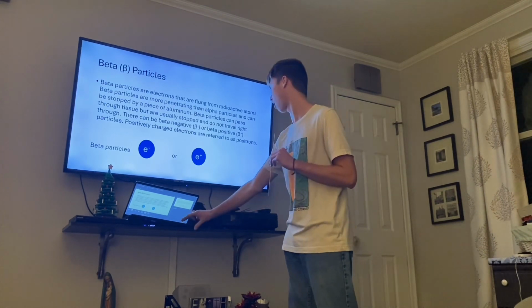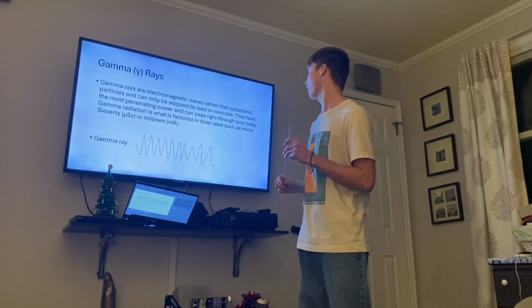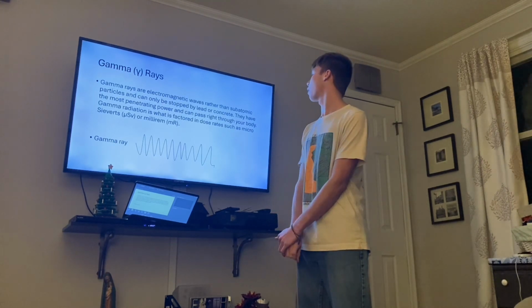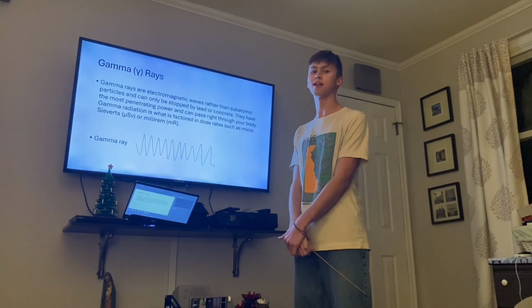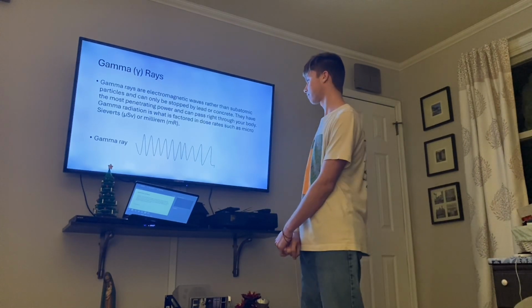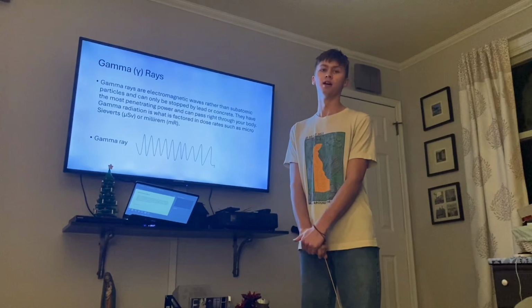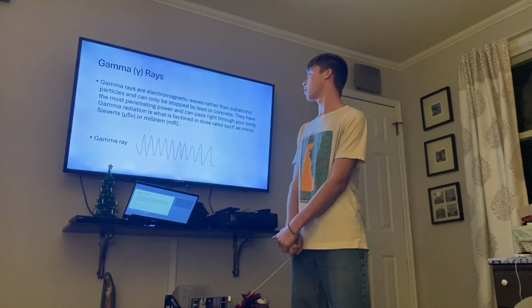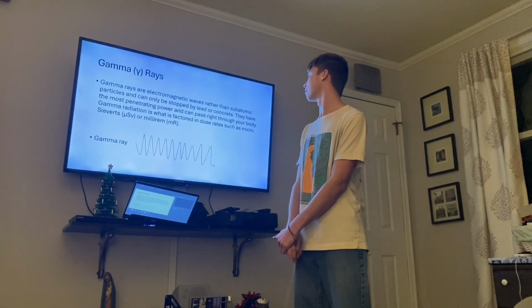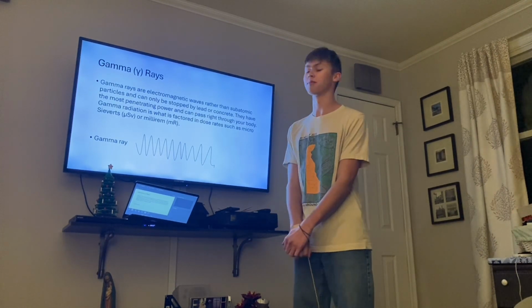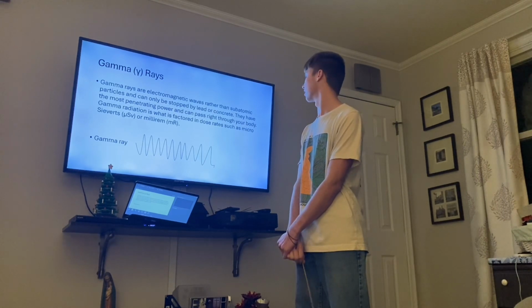It's called a positron. Finally, gamma rays. Gamma rays are a type of electromagnetic waves rather than a subatomic particle, such as beta and alpha radiation. And they can only be stopped by a thick layer of lead or concrete. They have the most penetrating power, and they can pass right through your body, unless you were wearing some sort of protective lead suit.